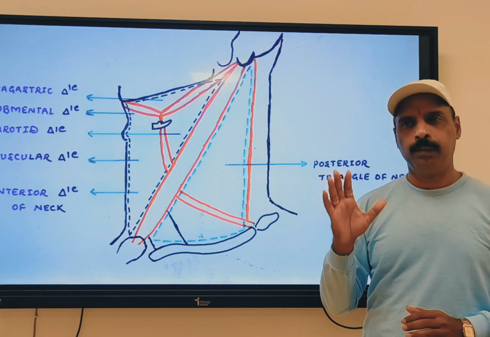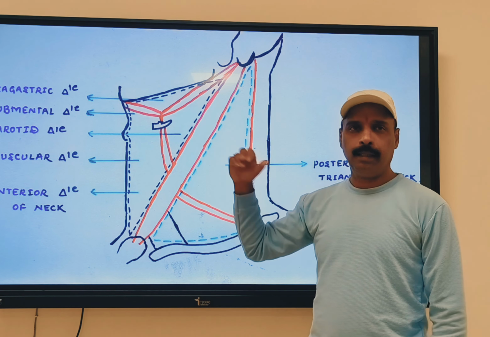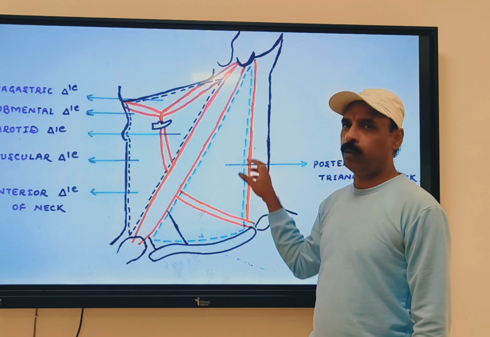So this is very important to remember: the lateral side of the neck region has a quadrilateral outline, and this quadrilateral outline has boundaries.